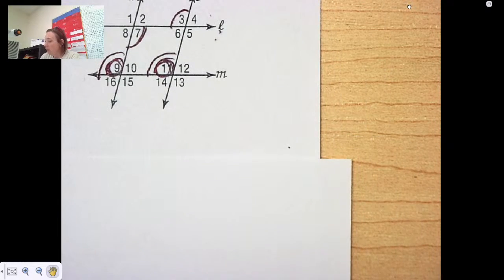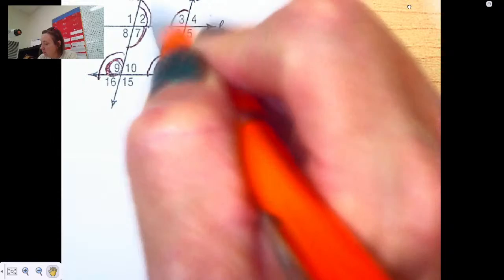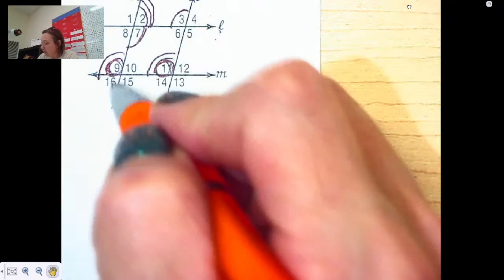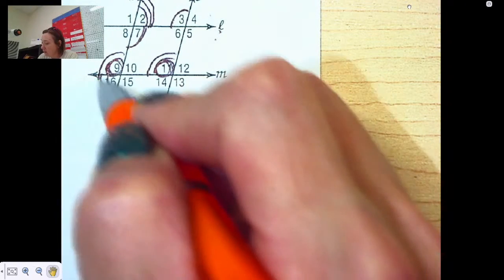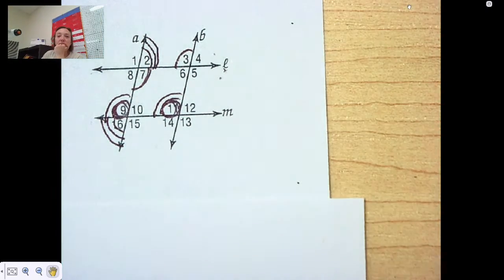2 and 16. So angle 2 and angle 16. What transversal are they on? A. What are the other 2 lines that make 2 and 16?